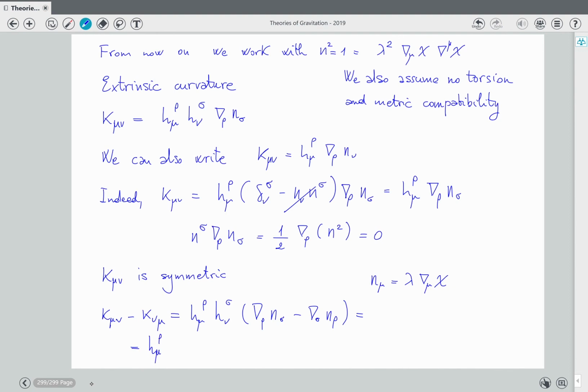So we get h_mu^rho h_nu^sigma del_rho n_sigma, so that's del_rho lambda del_sigma chi plus lambda del_rho del_sigma chi, minus the thing we obtain by exchanging rho with sigma, so minus del_sigma lambda del_rho chi minus lambda del_sigma del_rho chi.